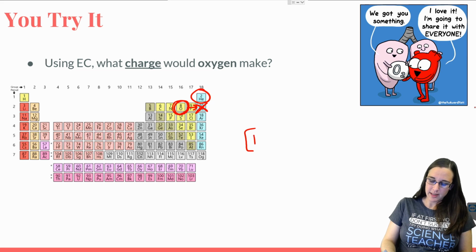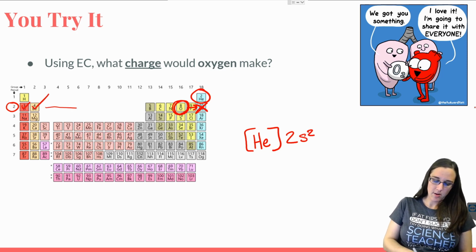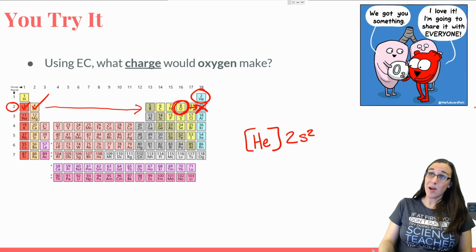So I'm going to put helium in brackets, go over to level 2, s, 1, 2, all the way across. Now I'm in 2 level, p block, 1, 2, 3, 4.